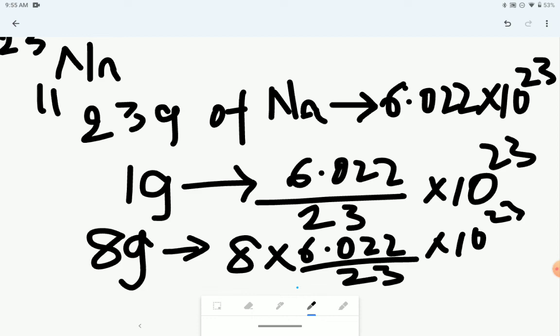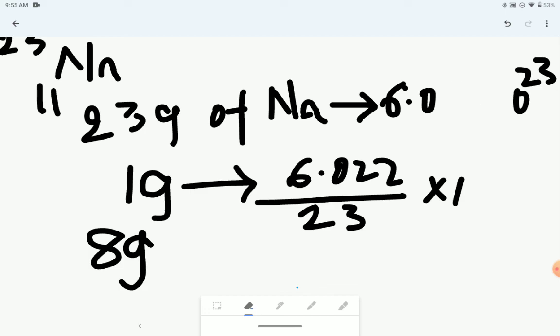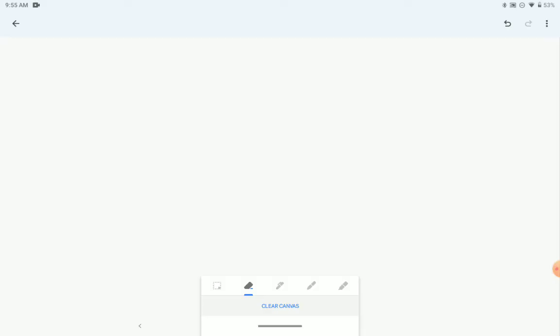Here 8 into 6, approximately, is 48, 48 by 23 is approximately 2 point something, but they asked for an integer, so the answer will be 2 into 10 to the power of 23. So the answer for this question was 2.